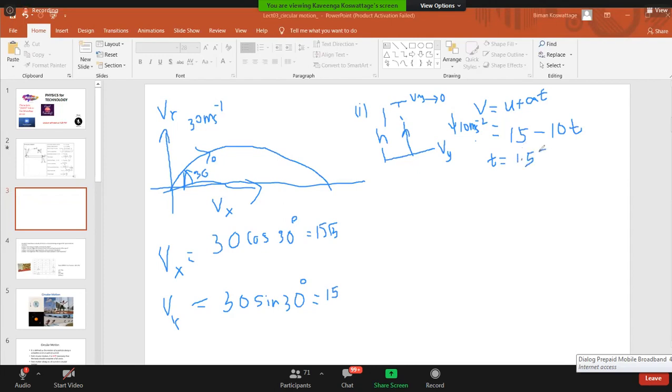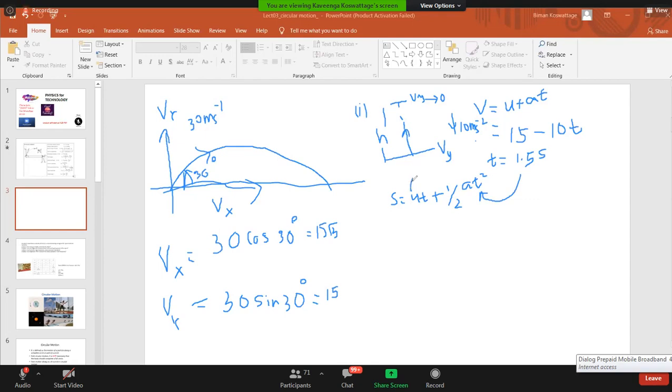And if you know the time, now you have to find the h. So you just put s = ut + ½at² for this particular direction. Now time is 1.5, so you know ut.